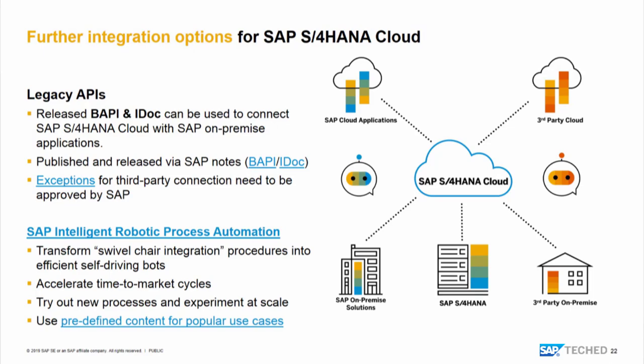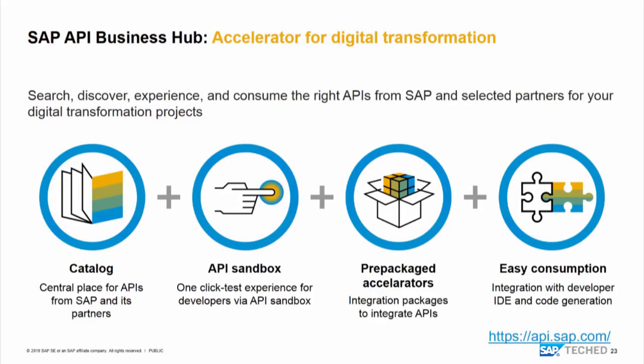If you cannot have an API available to you right away, it usually takes a couple of months before we release a new API when you request it, you can still use this IRPA in the meantime. And we do have predefined content for IRPA available also as a package on the Best Practice Explorer.